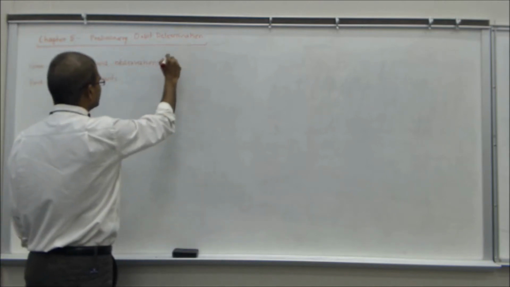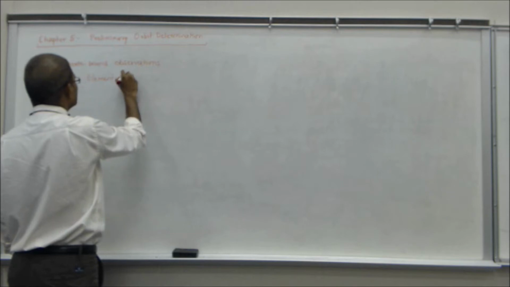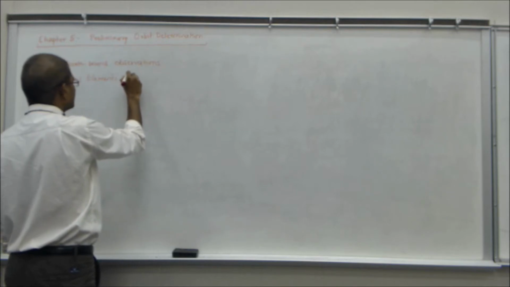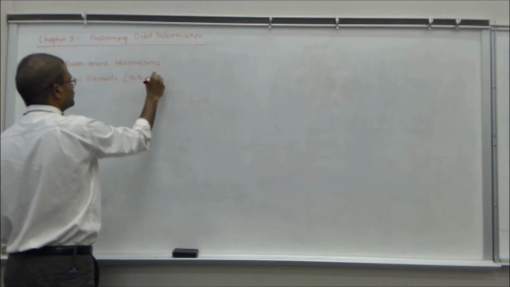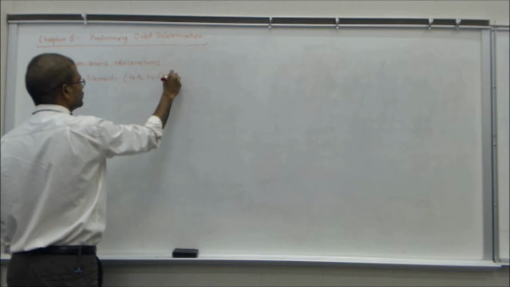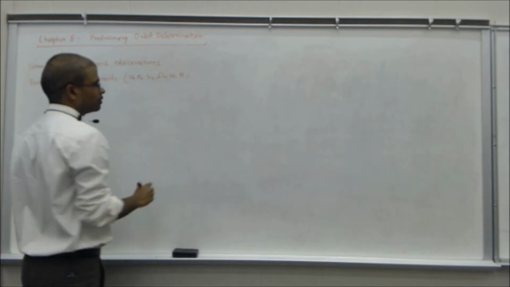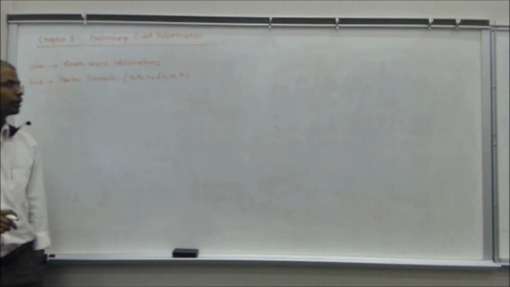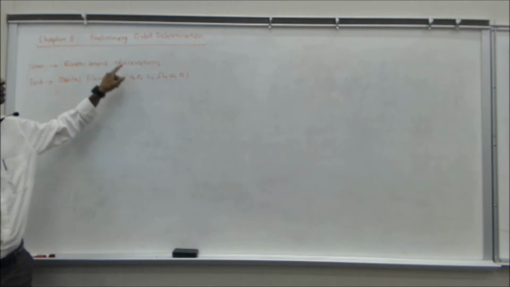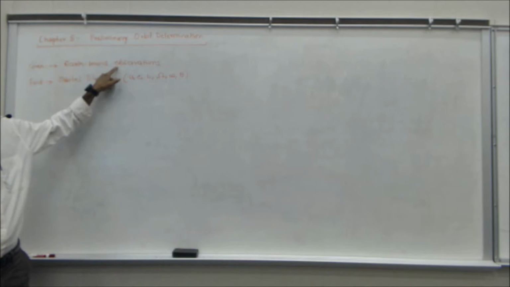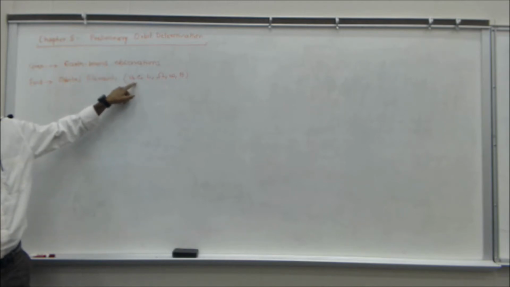So what was the first method we discussed? You understand Earth-bound observations? Relative to the Earth. Observations are just measurements made from Earth.